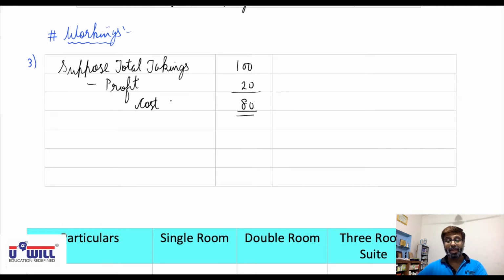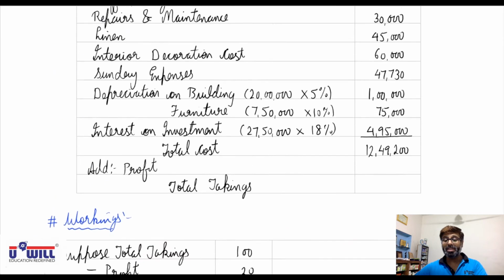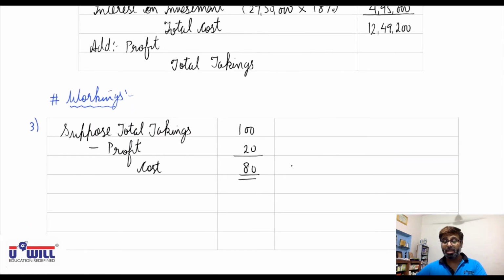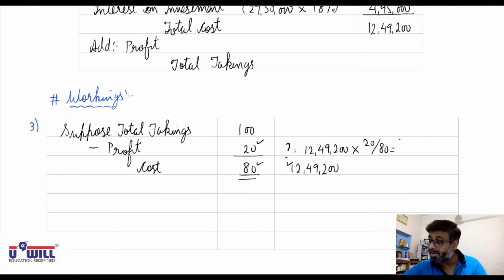Now when cost is 80, profit is 20. So when cost is 12,49,200, then what should be the profit? Cross multiply, 12,49,200 into 20 divided by 80. Do it in calculator, everyone.